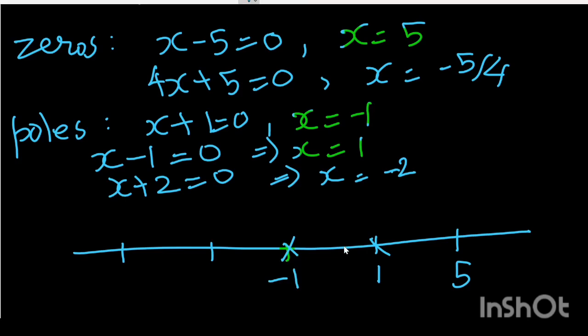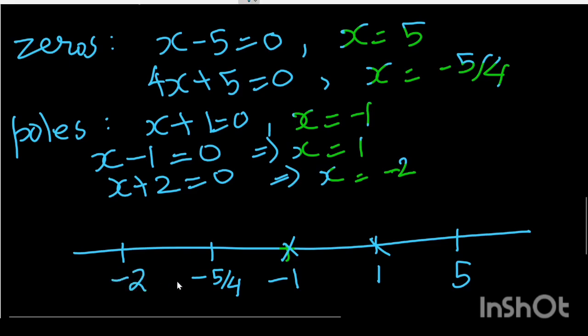And then again, what next? Yes, the next after minus 1, we will plot minus 5 by 4. Why? Because it is minus 1.25. So this is minus 5 by 4, which is a zero, followed by the last, x equals to minus 2, which is another pole.